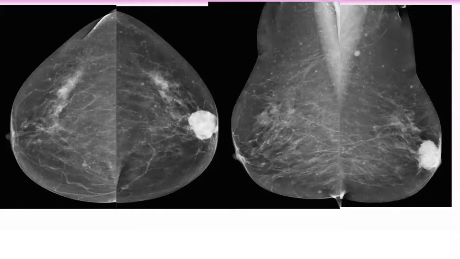What is the striking abnormality here? There is a retroareolar left breast mass. Yes, if you have an elephant, you have to start with the elephant.